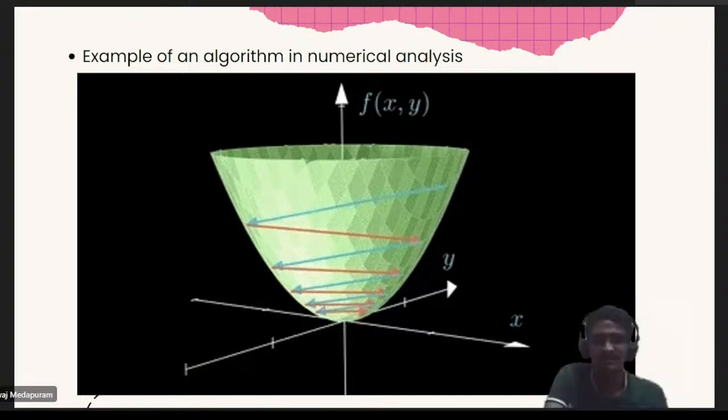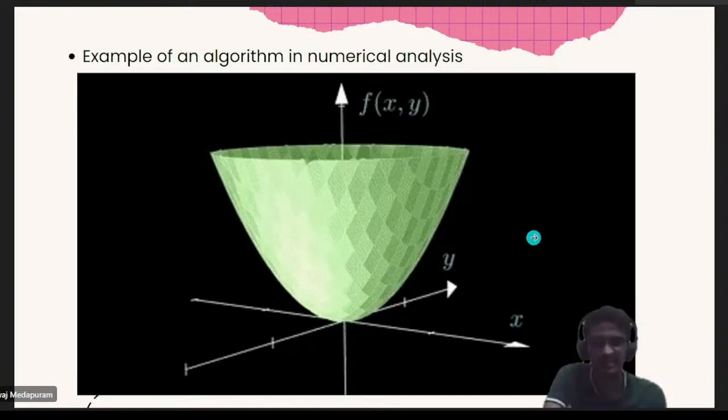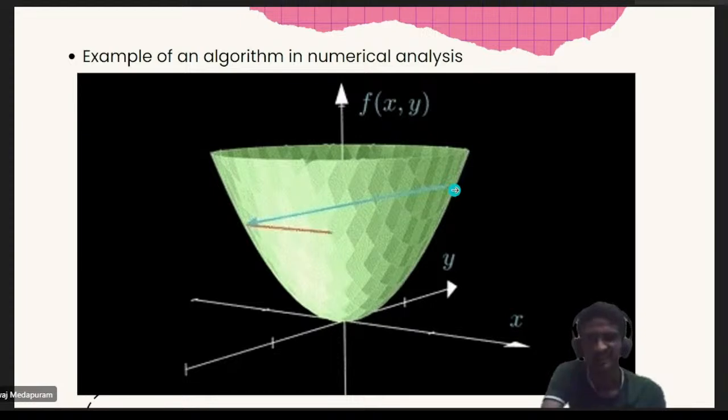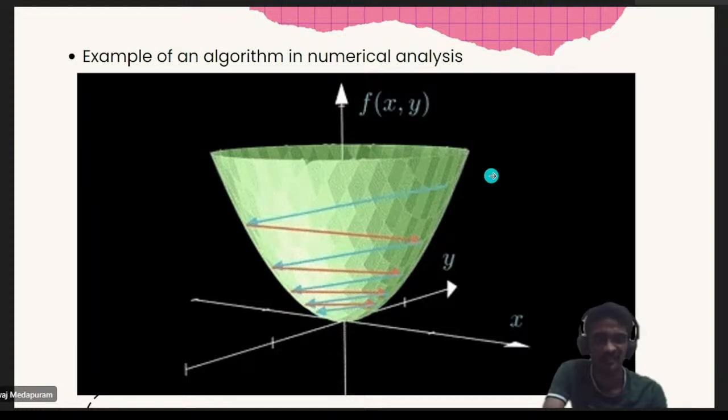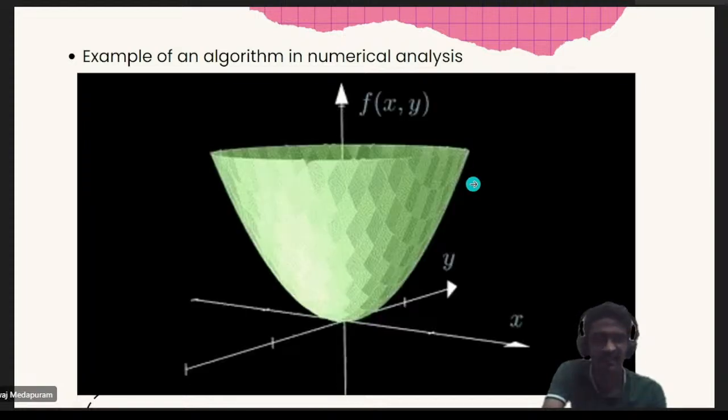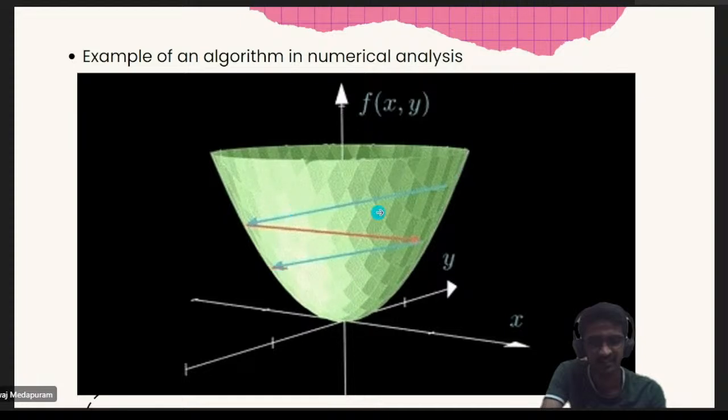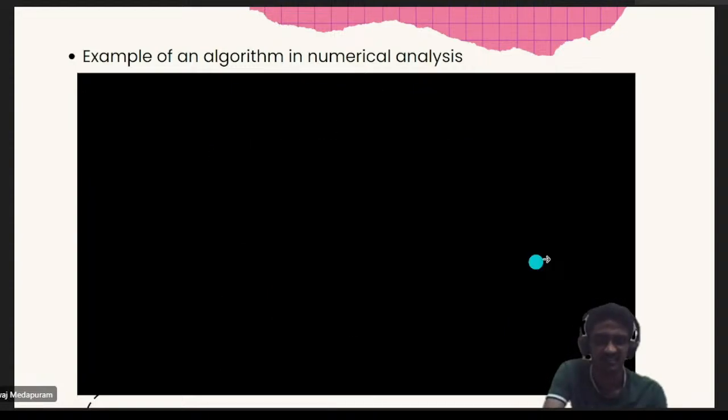You can just go through that. He explained it so interestingly. I'll just give you a brief idea of that. You go in the direction of the minimum change. The maximum change direction is given by the gradient, so the negative direction of the gradient is where the change is minimum. You can just keep going in that direction to obtain the final answer.